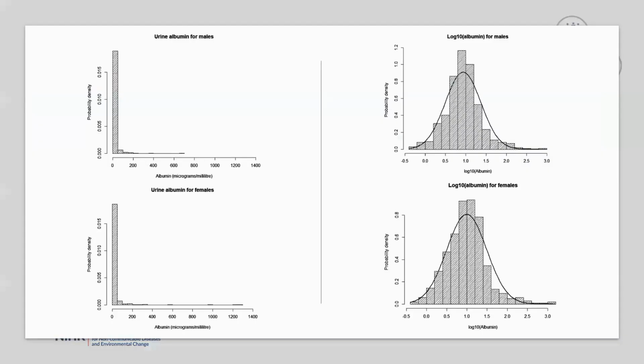Here is an example where you can see in the graphic on the right, the original raw distribution of the data is heavily right skewed, and you have a lot of individuals having values just a little greater than 0. The scale is very wide, but the moment you log transform and you see the distributions, it becomes fairly normal, and then you can apply your parametric tests to this.